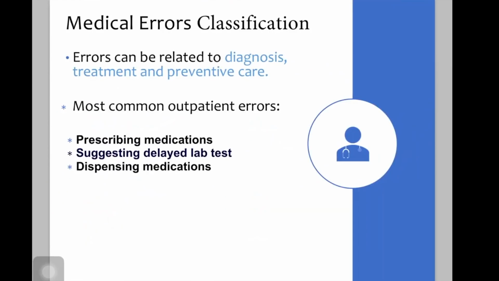Now, if we classify medical errors, we can say there are three types. Diagnostic medical errors are the errors that occur at the diagnosis stage. Then there are errors that occur at the treatment stage, and some errors that could happen at the preventive stage. For example, at the prescription stage, over prescription, under prescription, or misprescription are treatment types of errors.